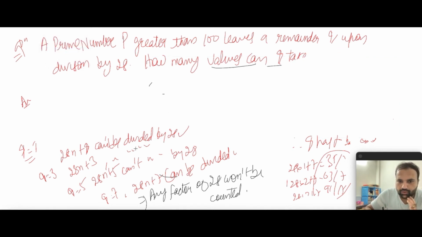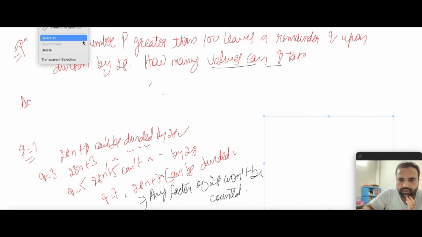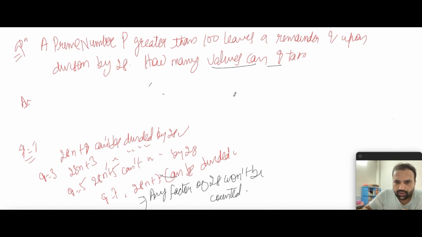What we have seen over here is that for any factor of 28, let's say we check this for 7 and we found this to be true. So can we check it for 21?